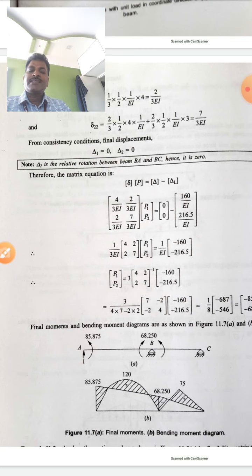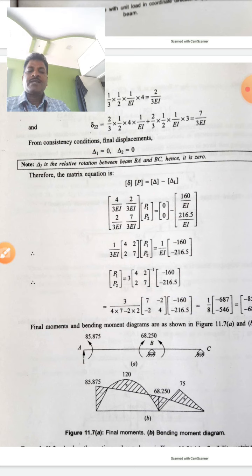Simplifying, we get 1 upon 3EI into the matrix 4 2 2 7, and P1 P2 equal to 1 upon EI into the matrix minus 160 and minus 216.5. Again simplify this.